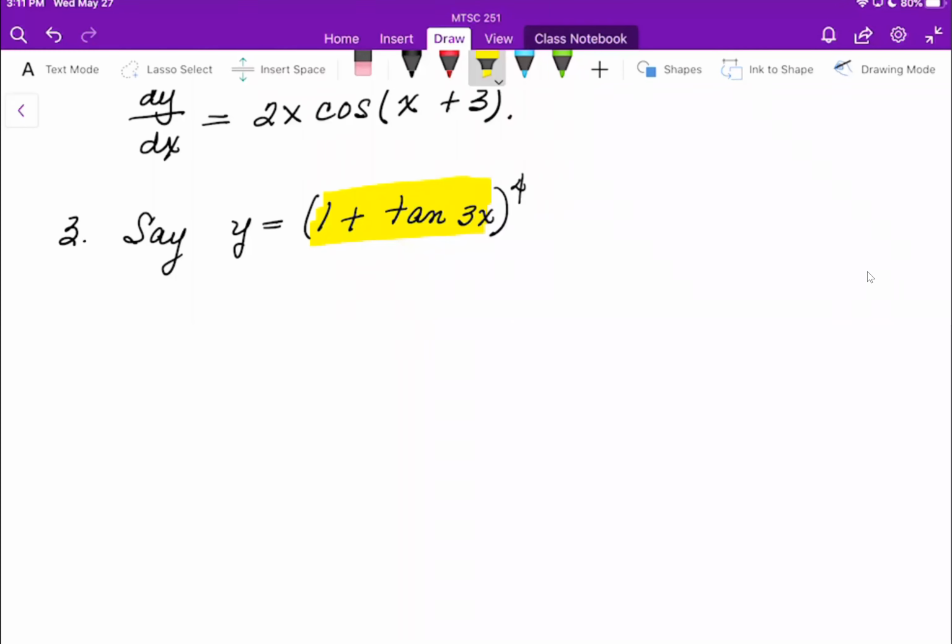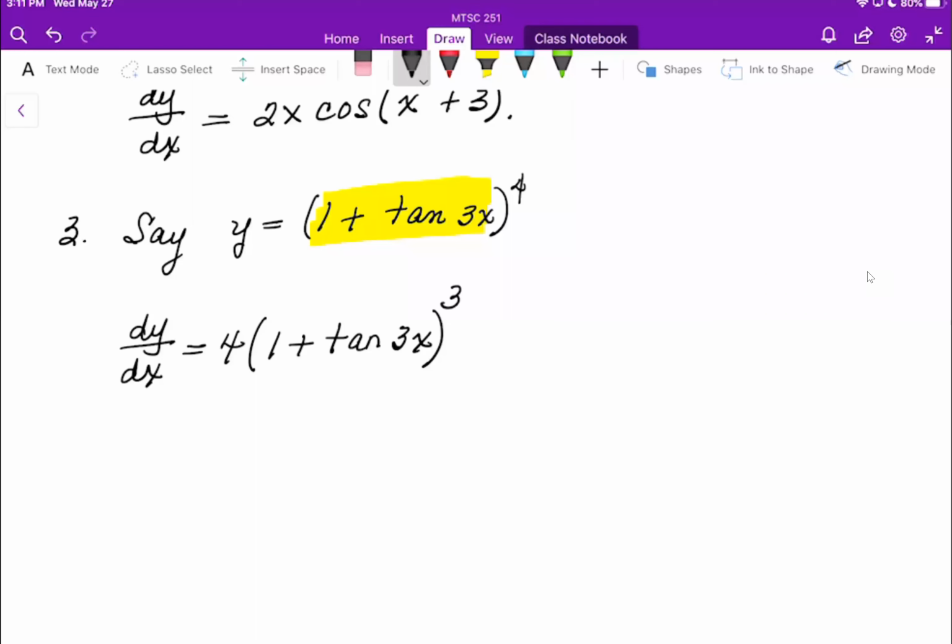So what we'll do is we will get dy/dx by differentiating that outside function. So you're going to bring this 4 down and then decrease the power by 1. So you're going to get 4 times (1 + tan 3x) cubed.